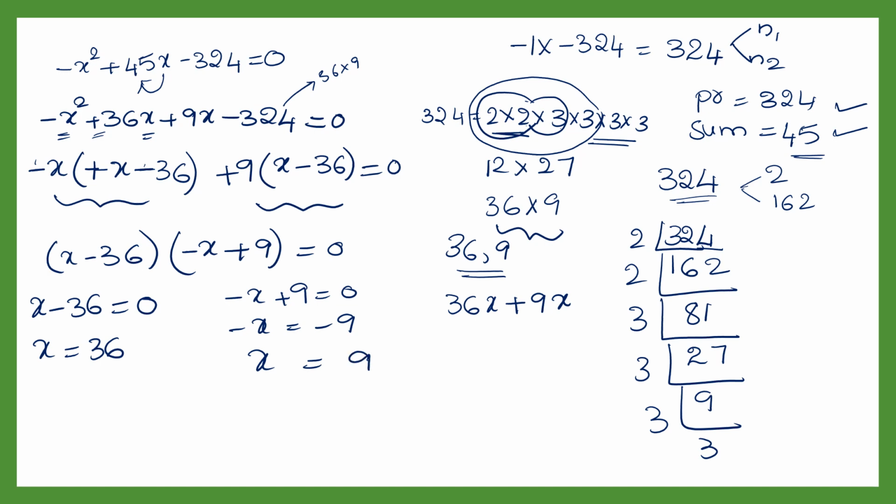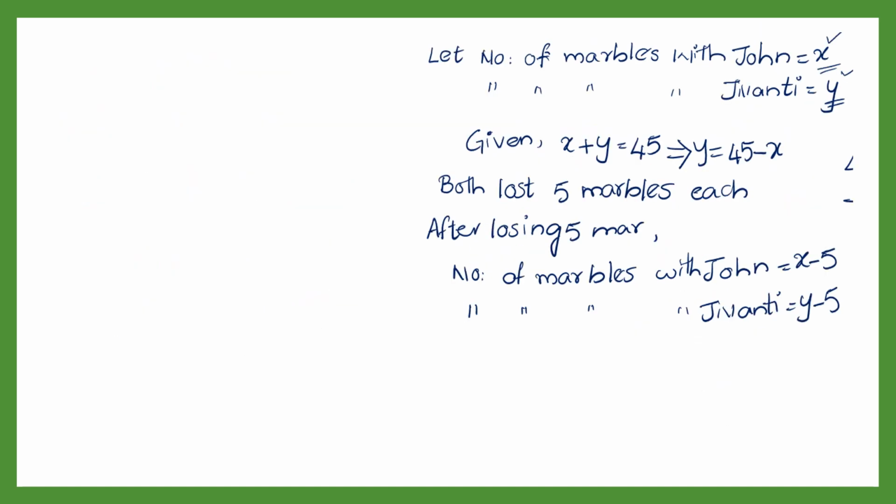So roots of the quadratic equation we got 36 and 9. We got two values for x. One value is 36, another value is 9. So there are two roots for the quadratic equation, two distinct roots.